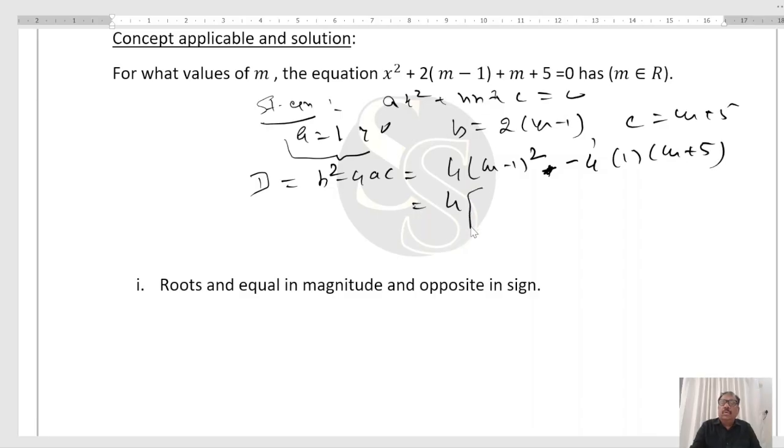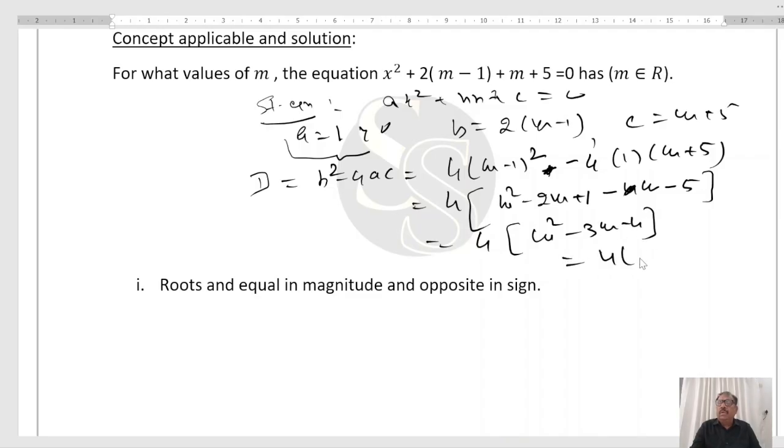Taking 4 common, m square minus 2m plus 1 minus m minus 5. On further simplification, this comes out to 4(m square minus 3m minus 4). This is the discriminant.